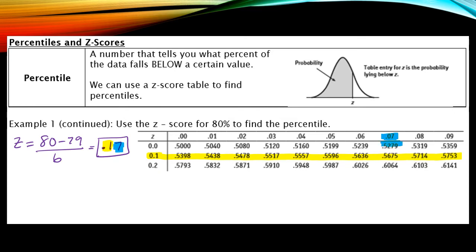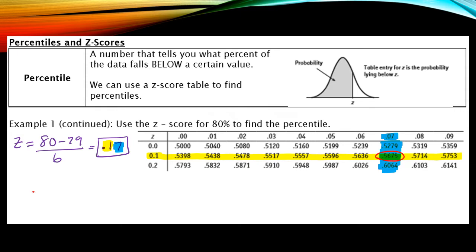And then I'm going to highlight everything going down. And you'll notice that there's one spot where a number got highlighted in both yellow and blue, and that would be this number right here. So that number would be the percentage that corresponds with our z-score.